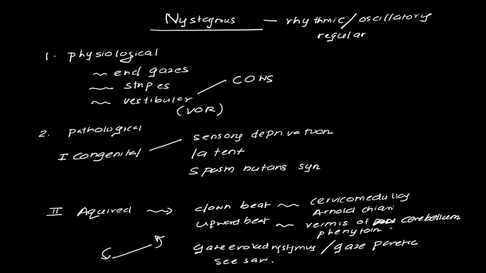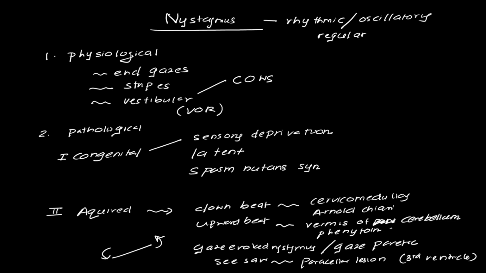So seesaw nystagmus is seen once there are parasellar lesions close to the third ventricle. Right. So it could be an upward beat, a downward beat, a gaze-evoked or a gaze-paretic nystagmus, or a seesaw nystagmus.